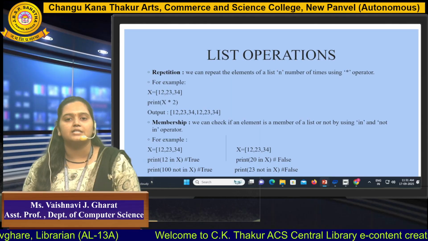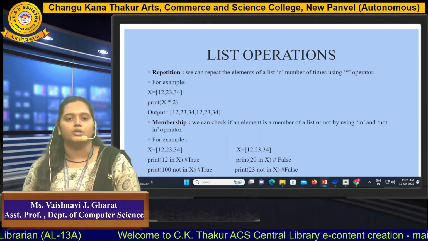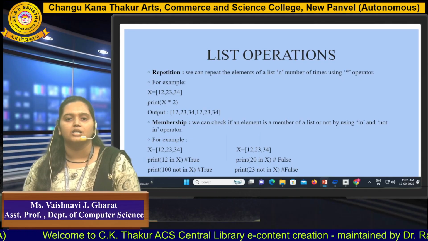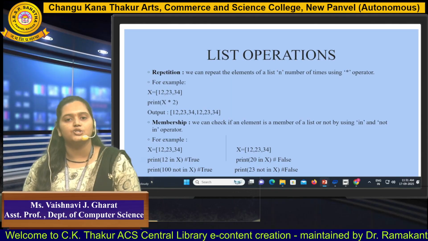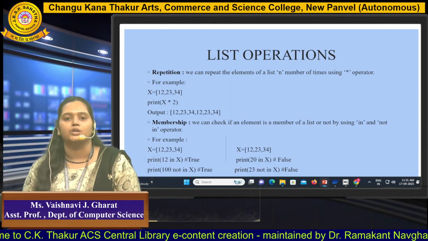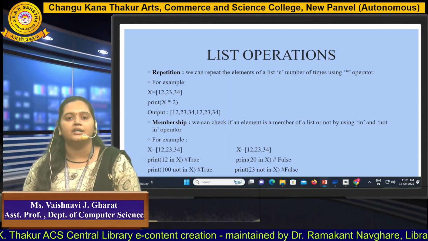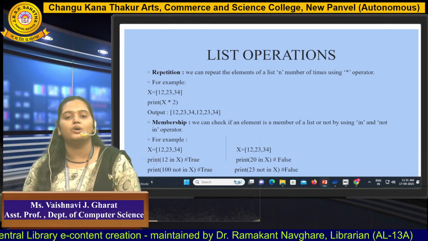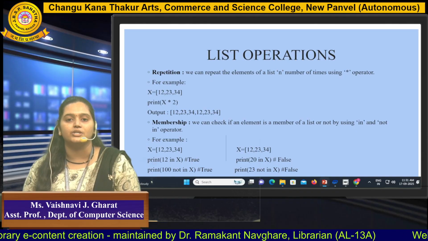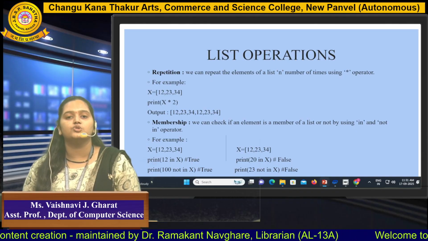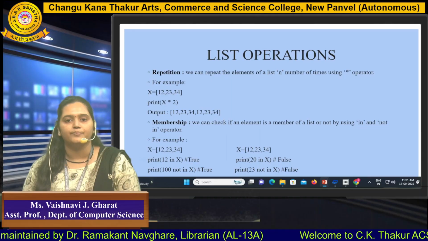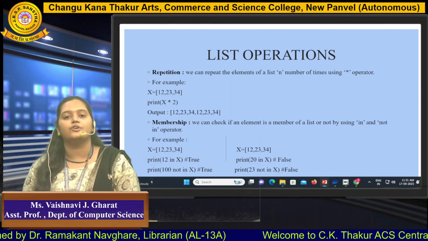For example, let's see x equals 12, 23, 34. Print 12 in x. So our statement is true, that's why it is showing True. Then again, print 100 not in x. You can see in the list there is no 100, so that's why using not in, it does the opposite. Since it is not found, it will show True.